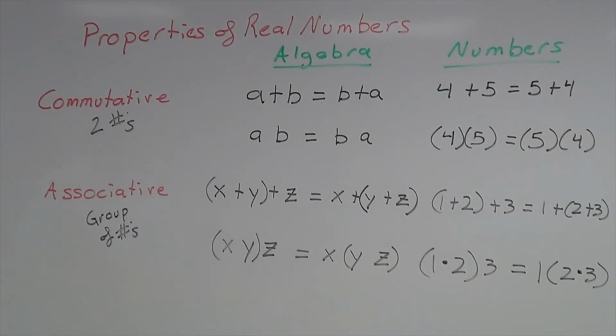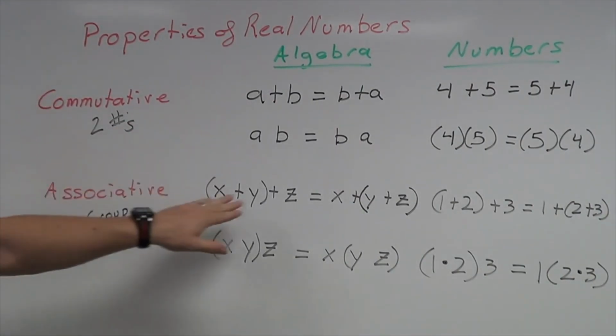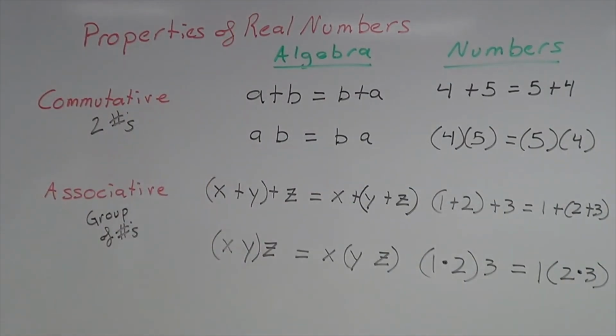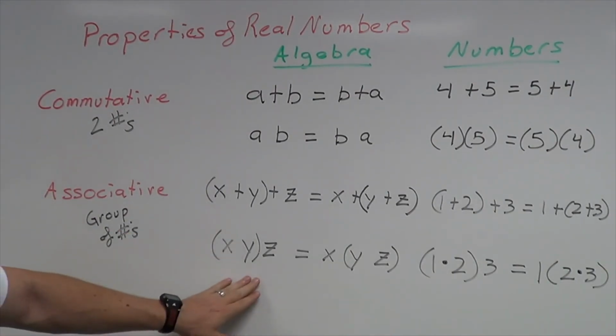So, a little bit of summary. Those are two properties of real numbers. You could almost call it four properties. We have the commutative property of addition and the commutative property of multiplication, and that property states that it doesn't matter what order you add or multiply two numbers, which is different from the associative property. Associative property of addition, associative property of multiplication.